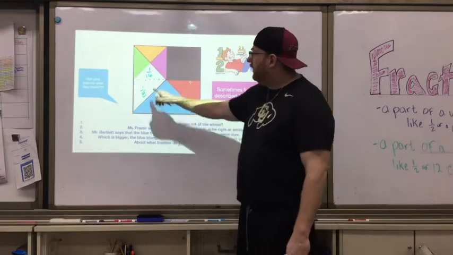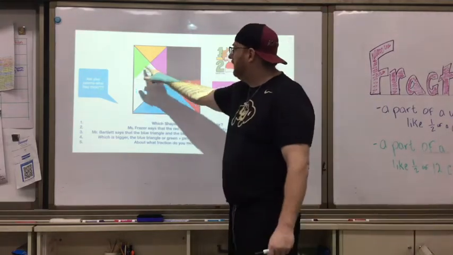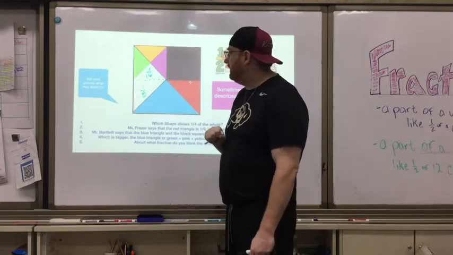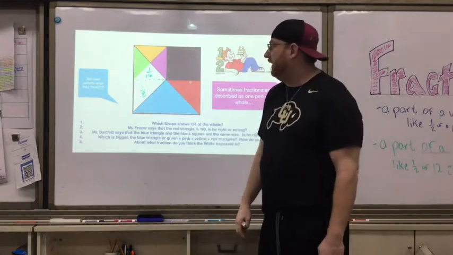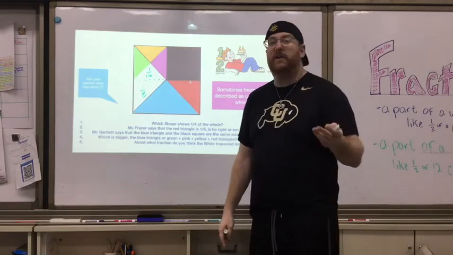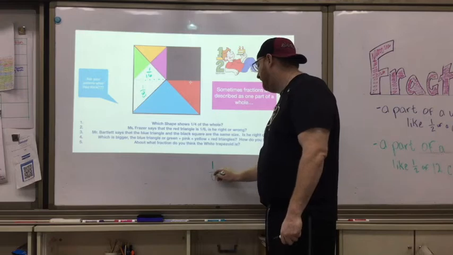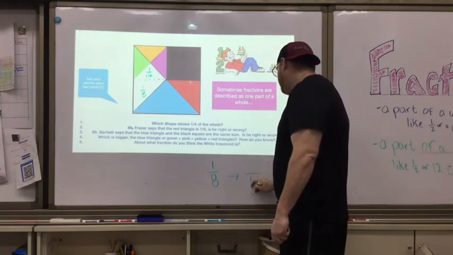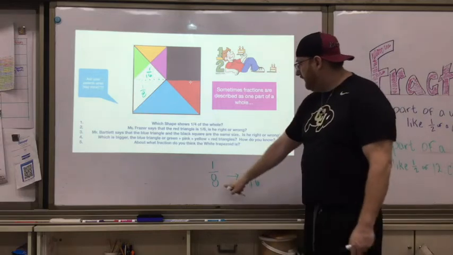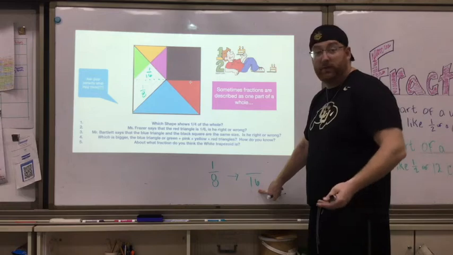So in order to find the area, or the size, the fraction of this white trapezoid, I need to add 1/16 and 1/8. Now, again, that could be difficult unless we convert 1/8 into 16ths. What do we need to do to 8 in order to get 16? That's right.